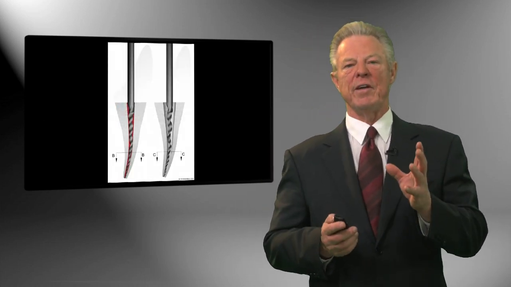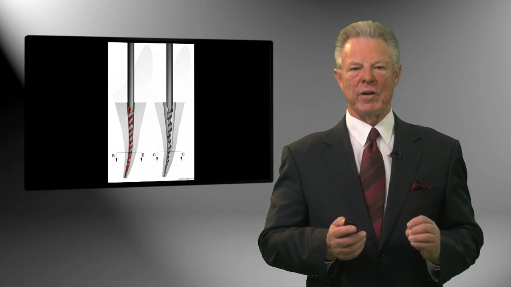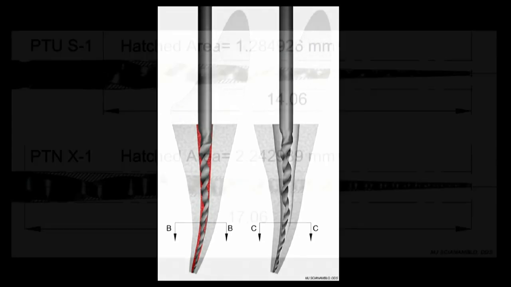So on the left is a central core instrumentation. And on the right is the ProTaper Next. And we'll show this in many different forms so you can truly get it. But you can see there's less spots touching on the right in this diagram. And also there's bigger spaces for dentin shaping and shavings and debris removal.